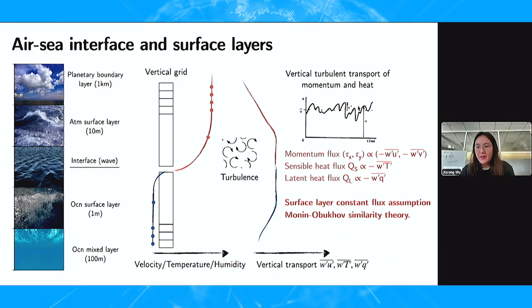These transports are due to the covariance of the vertical fluctuation with either the velocity or the scalar quantity, temperature or humidity. These are parameterized, and they're usually computed using the atmospheric boundary layer theory called Monin-Obukhov similarity theory. This basically gives you the self-similar shape of velocity, temperature, and humidity in the boundary layer, and you use that iteratively to get the flux at the surface.